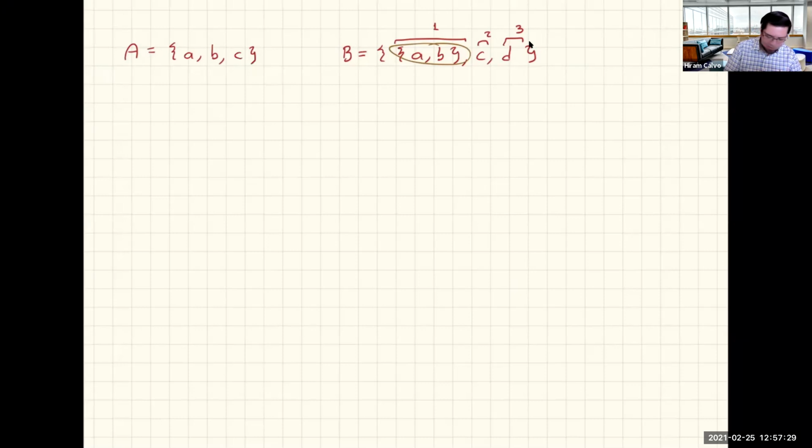Okay, A, B, C, the same sets we have here. Now, I can say A, B, as a set, is a subset of B. So this will represent a subset.